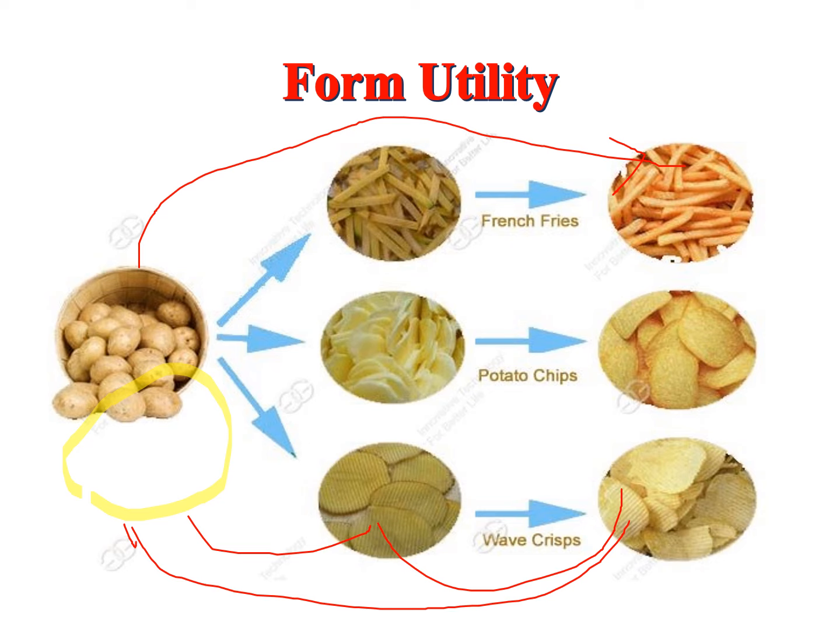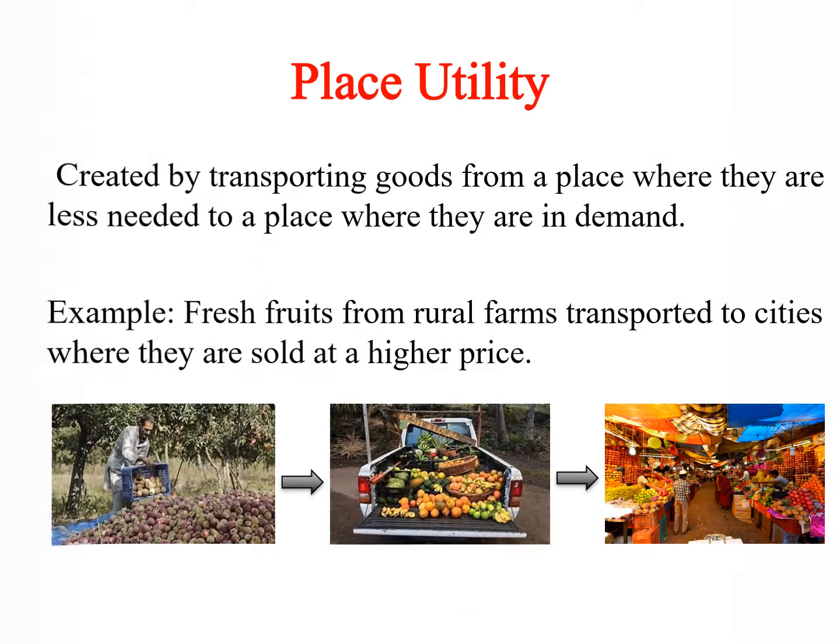Now moving towards the second type of utility, that is place utility. Place utility is basically created by transporting the good from one place to another place where its demand is high.